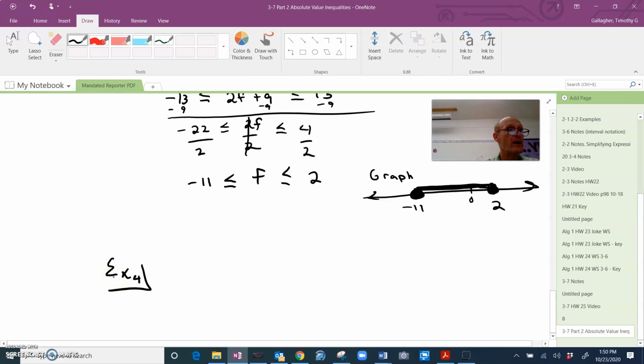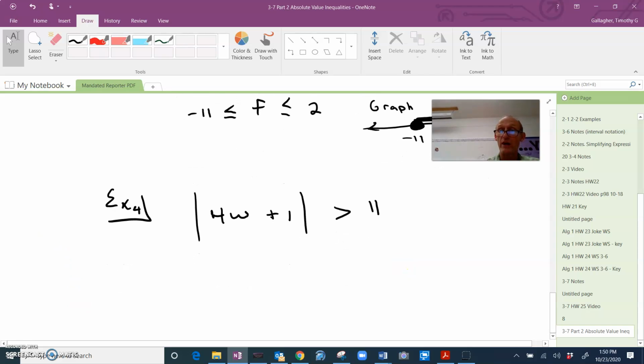And we'll do the absolute value of 4w plus 1, greater than 11. This problem is a greater than problem. It will be pushed out. All right? So you're going to push it out because the absolute value of some number is greater than 11.